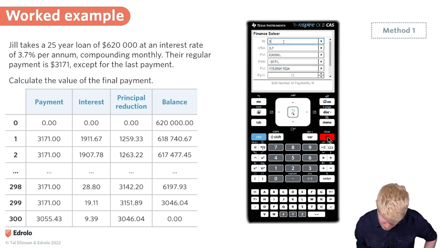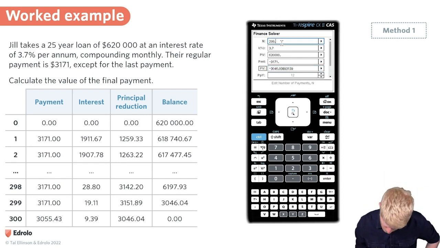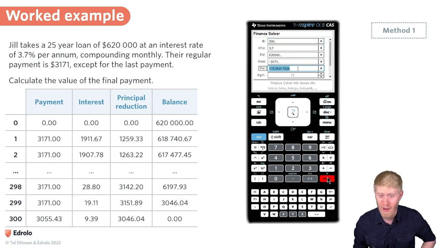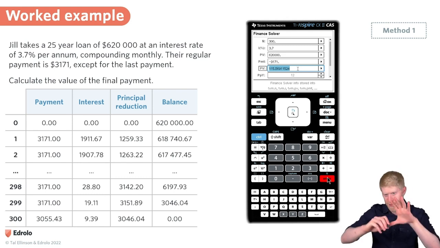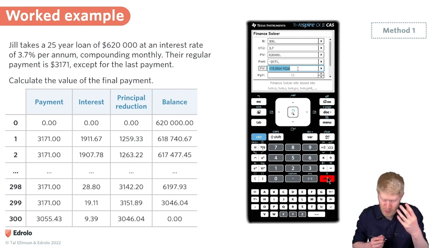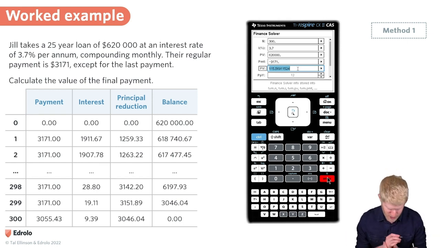Usually, if we just go back one step, the future value is negative because we still owe that money. But if we stuck with our payments the entire way through, we end up having overpaid by $115. So that's a sort of mathematical, finance solver method of understanding what's going on, and hopefully that makes a bit more sense to you.